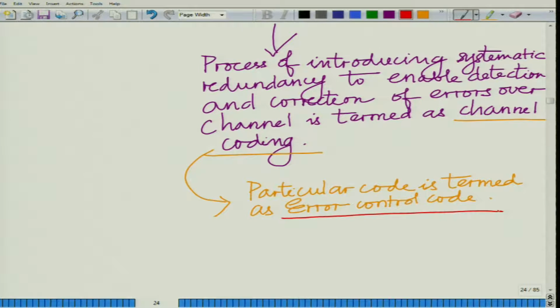This is termed as an error control code. So this process is known as channel coding, that is systematically introducing the redundancy. The code that is employed is termed as an error control code.